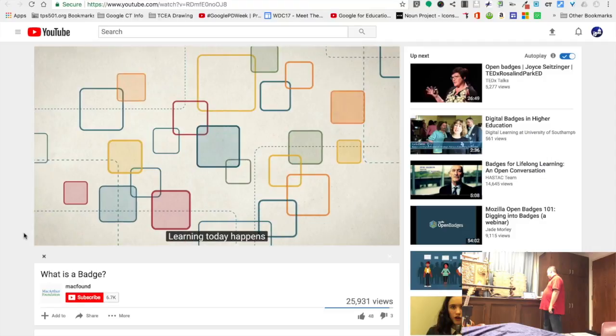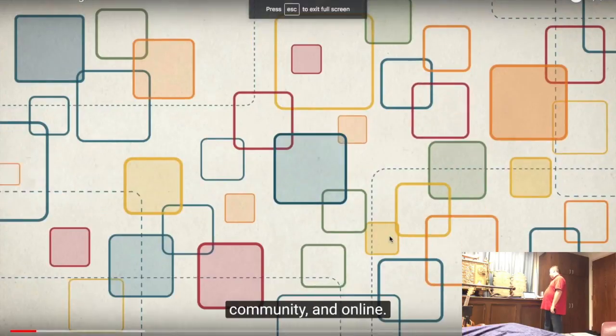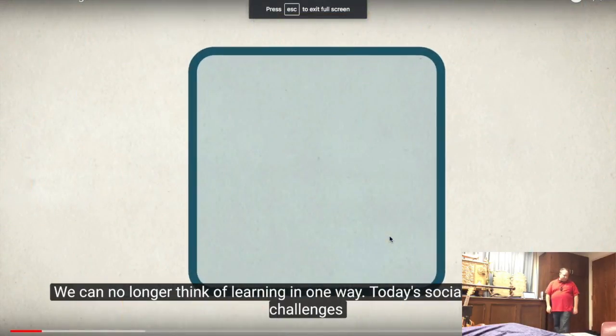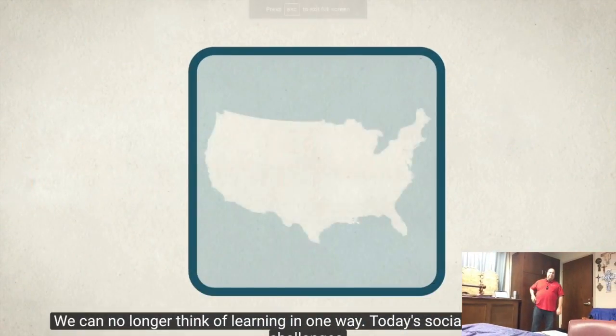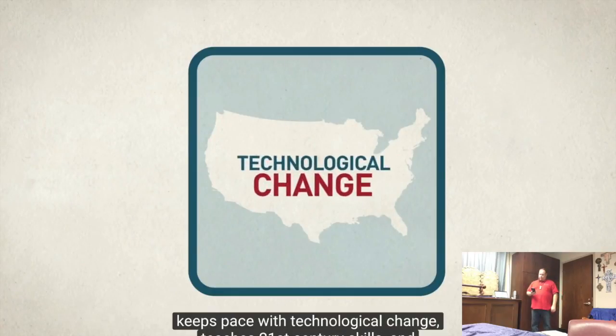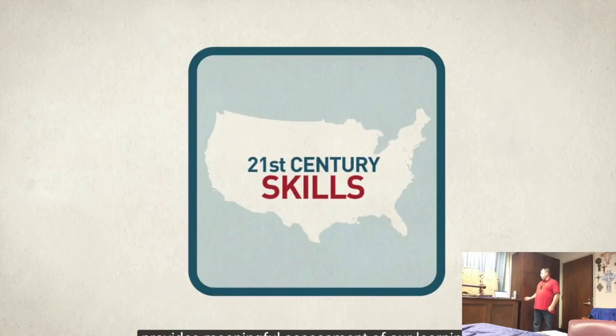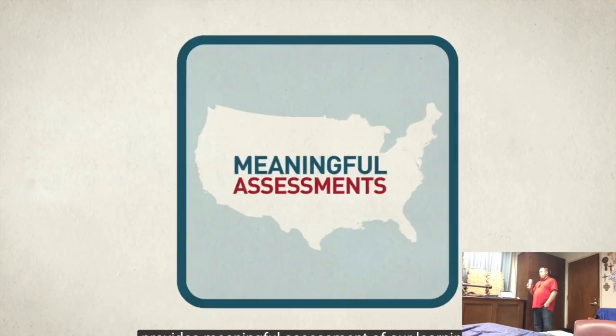Learning today happens anywhere and everywhere. It happens in the classroom, on the job, in the community, and online. We can no longer think of learning in one way. Today's social and economic challenges require learning that engages students, keeps pace with technological change, teaches 21st century skills, and provides meaningful assessments of our learning.